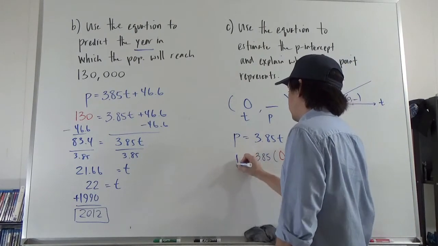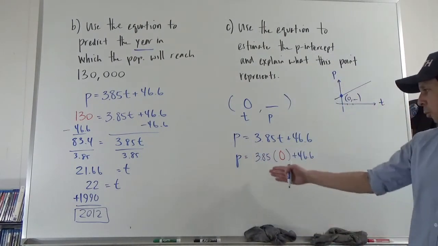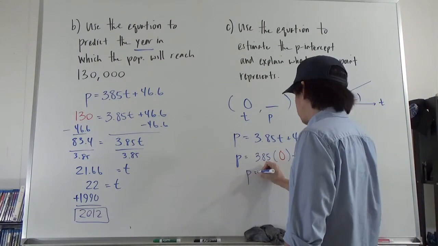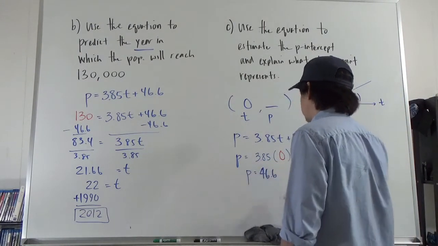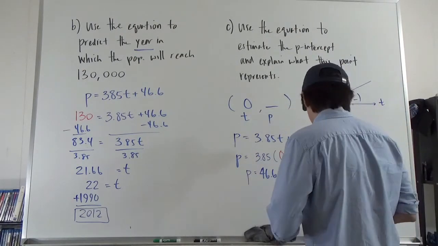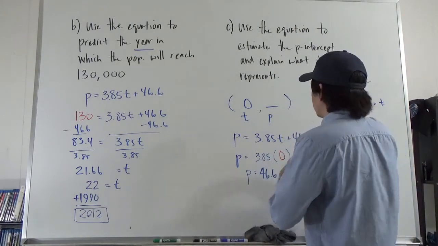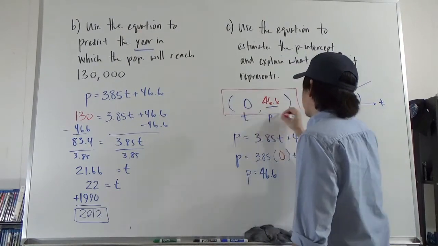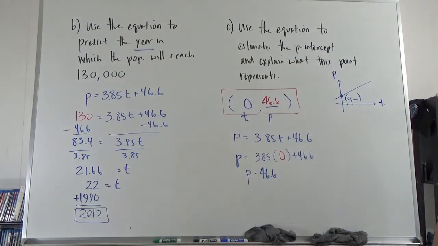And solve for p. Since p is already by itself, I'm just going to work this out. Negative 0.5 times 0 is 0, plus 46.6. I get p is equal to 46.6. That's my p-intercept using the equation.